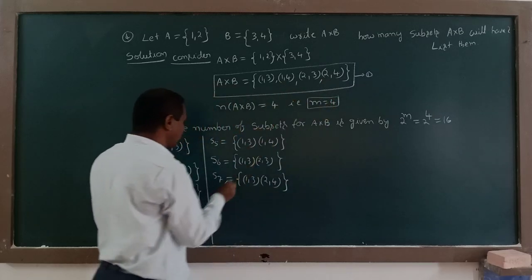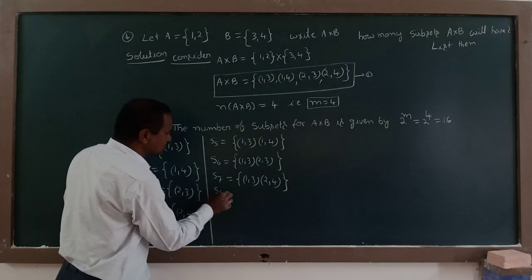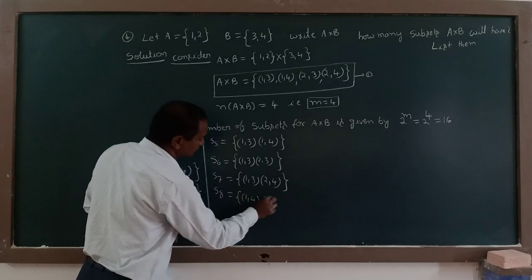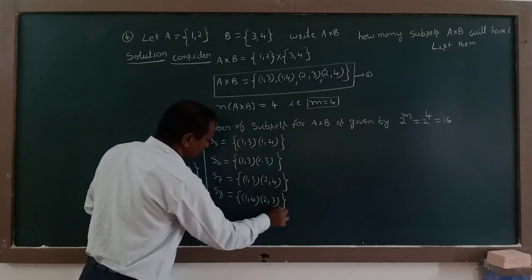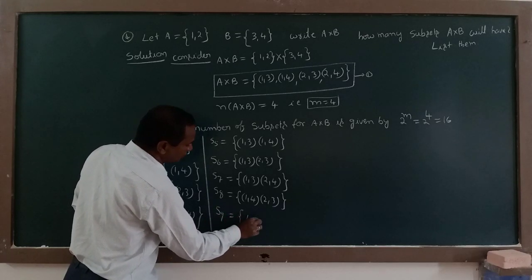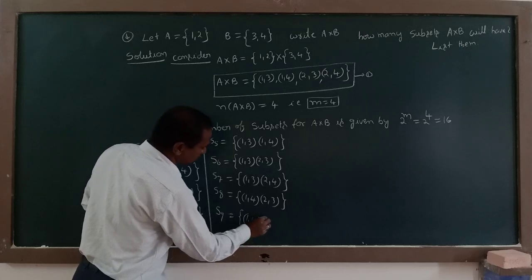Next, start with the second ordered pair. S8: 1, 4 and 2, 3. S9: 1, 4 and 2, 4.